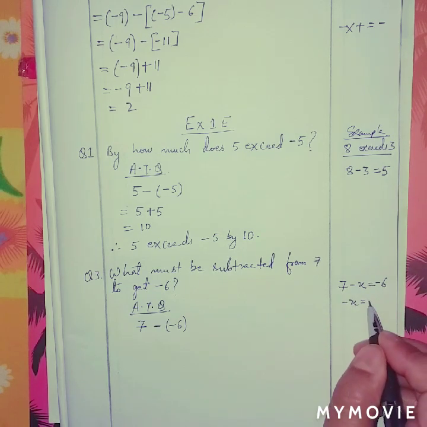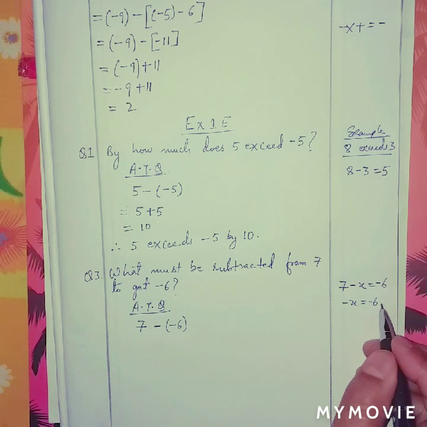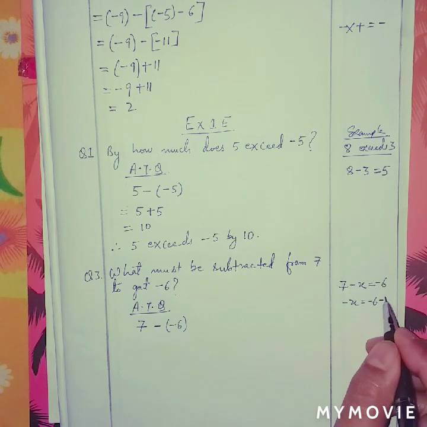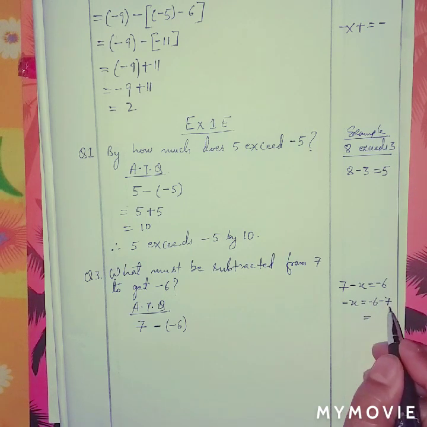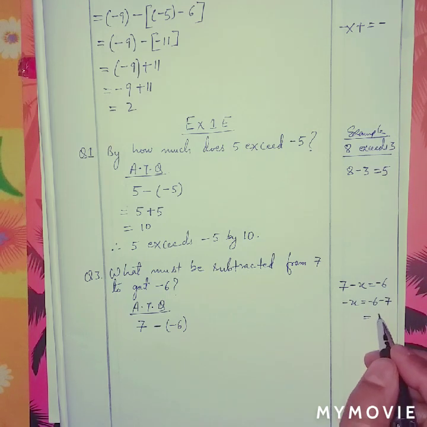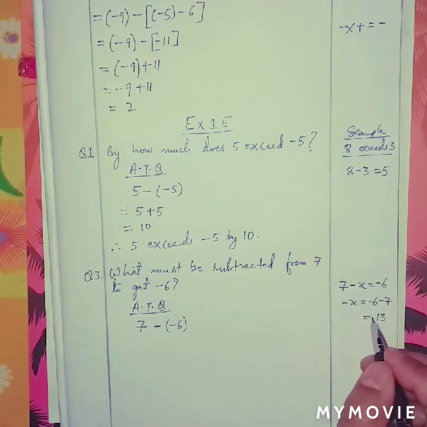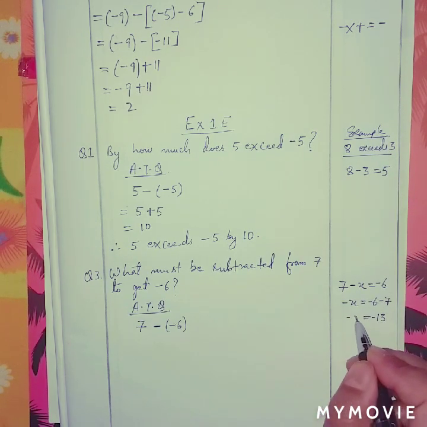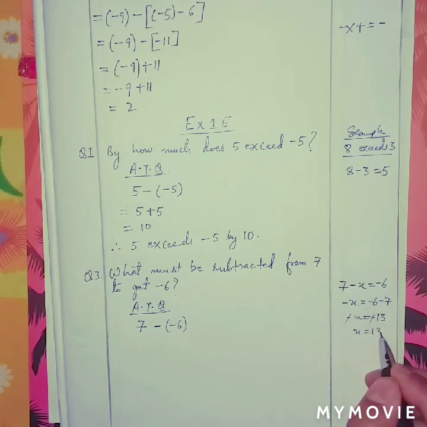Let us take the number to that side. This is a positive number, while going to that side it becomes a negative number. So both are negative numbers. Here we are adding 6 plus 6, 12, and 1, 13. So 13 minus 6 minus 7 becomes minus 13; the bigger number is 13, so the sign becomes minus. Minus x equals minus 13, the minus signs cancel, so x is 13, isn't it?